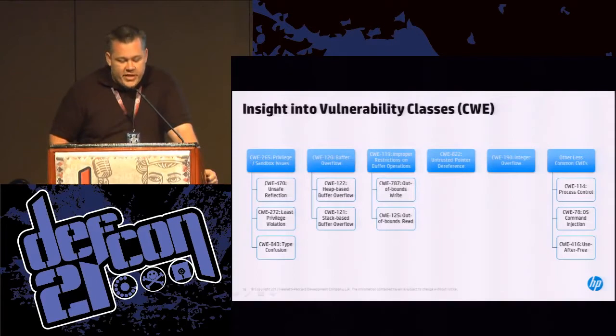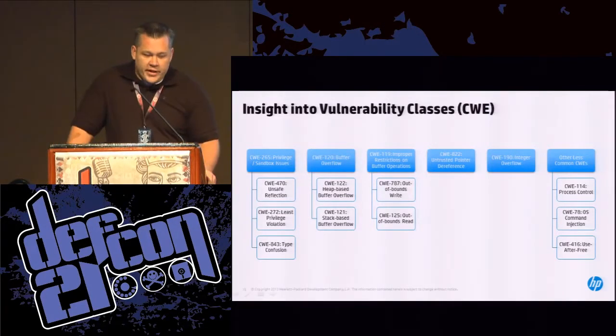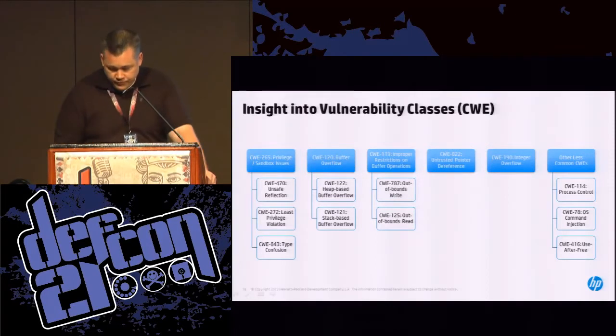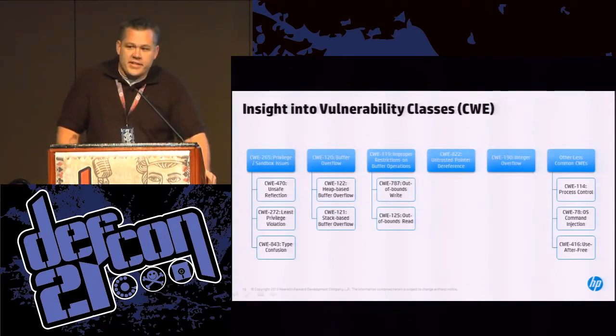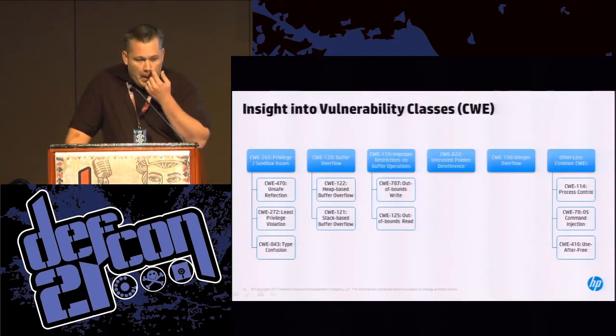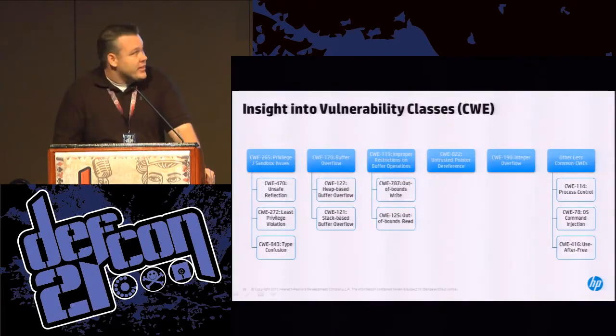We had the classic heap-based buffer overflow and stack-based buffer overflow, and then various other, like I said, process control issues. But the key takeaway is that Java suffers from every major class of bug that's out there, and it's a really good case study on basically everything.